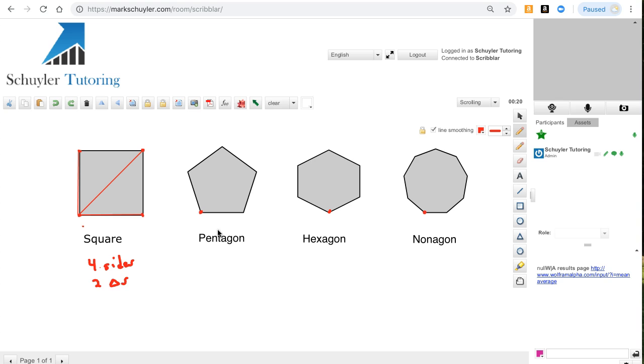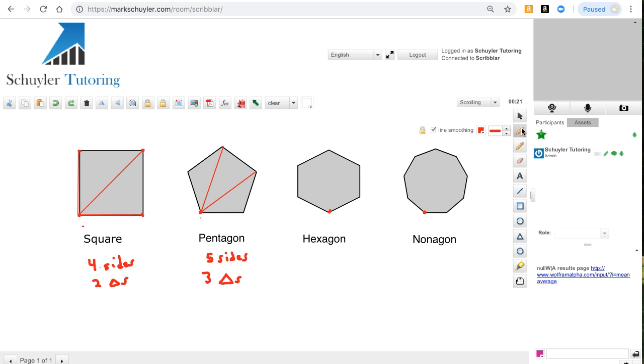Well, with a pentagon, when we play that little game with the straight lines, starting from this vertex, I'm not going to draw the one that follows the side, but I'll draw these. You notice that we have a five-sided shape, but there are three triangles hidden inside.